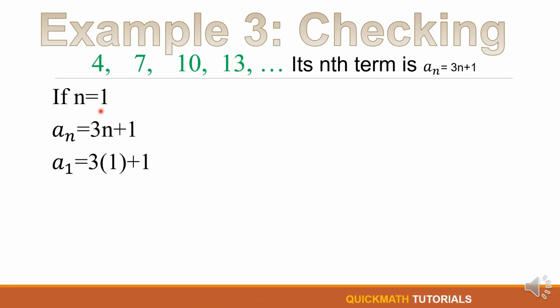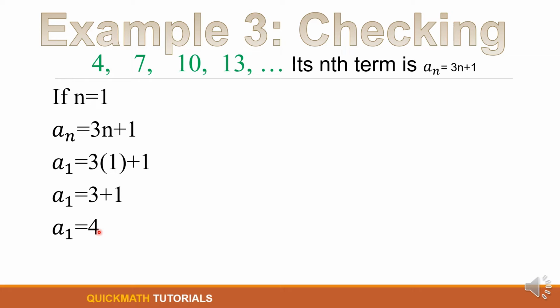So we substitute n by 1. We have 3 times 1 plus 1. 3 times 1 is 3, and 3 plus 1 is equal to 4. As you can see in our given sequence, the first term is really 4. So the nth term is correct for the first term.